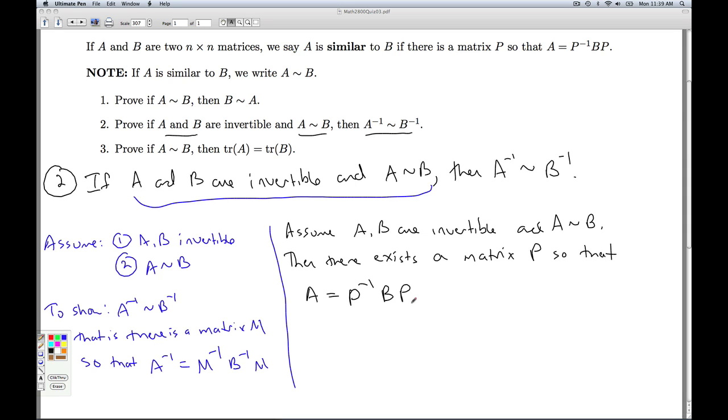Now I have to somehow get A inverse and B inverse here. How do I do that? I'll just take the inverse of both sides. How do I know I can do that? I'm assuming A and B are invertible, and P has to be invertible to even talk about P inverse. So on the left-hand side I have an invertible matrix, and on the right-hand side I have a product of 3 invertible matrices. So I'll take the inverse of both sides.